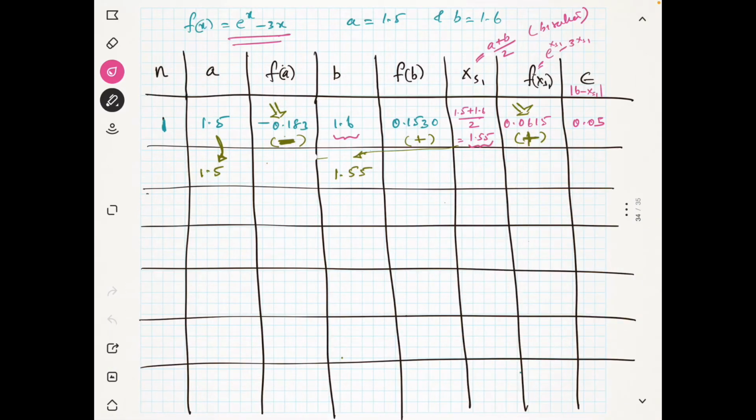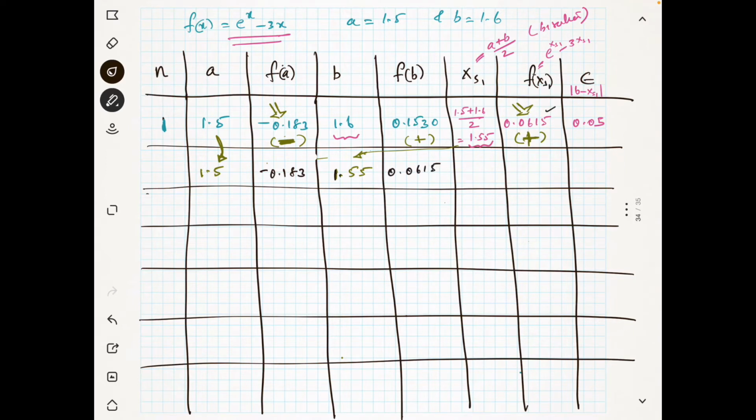Now f of a, you know what the value is. It is nothing but f of a is minus 0.183, and f of b we have already found, because this is 1.55, so we already have the answer, that is 0.0615.